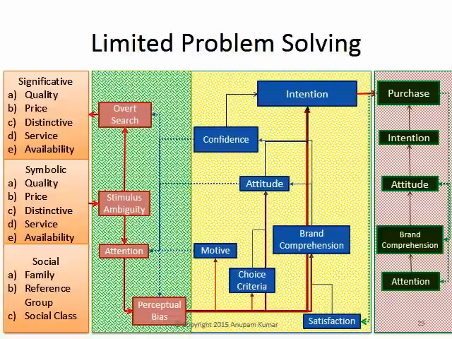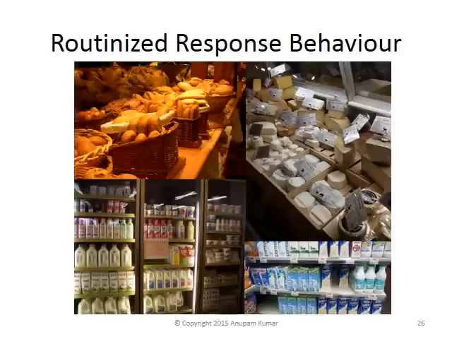Now, let's move on to the third scenario, which again we will discuss with the help of an example. Routinized response behavior is what happens when you go out to buy your daily grocery. The inputs are well entrenched, the perceptual bias is firmly in place, and you need not learn much to make your purchase.